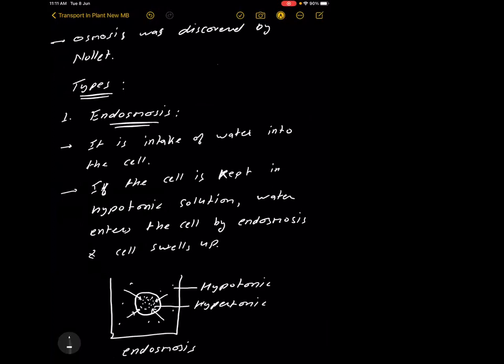It becomes turgid in the case of plant cells. In an animal cell the problem is the cell wall is absent, so it will not be turgid. It will burst, because animal cells have only a plasma membrane. If you keep one RBC in water or any hypotonic solution, water enters the cell and finally it bursts.